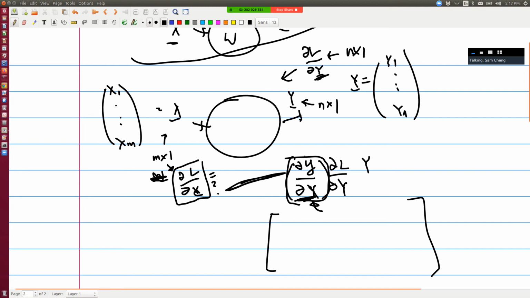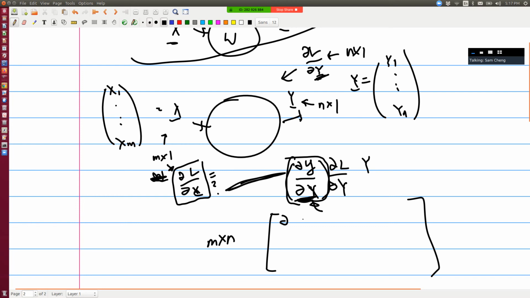You say, okay, it looks like this is something multiplied by this guy, so what is this guy here? You just say this is a chain rule, so partial y over partial x. Now you know this should be an m by n matrix, right? So then what was inside here?